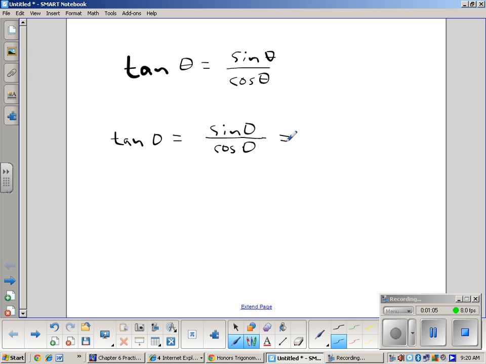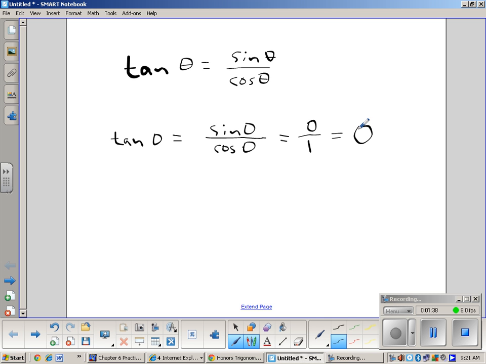What's sine of 0 equal to? 0. What's cosine of 0? 1. So what's 0 divided by 1? 0. So the tangent of 0 is also equal to 0. That's not a problem, is it?